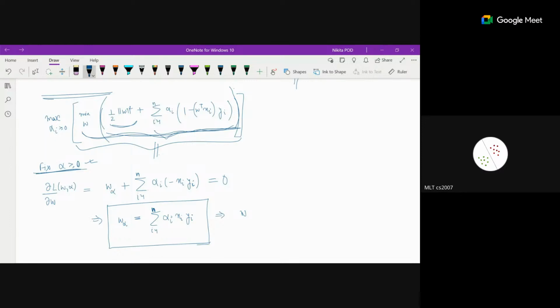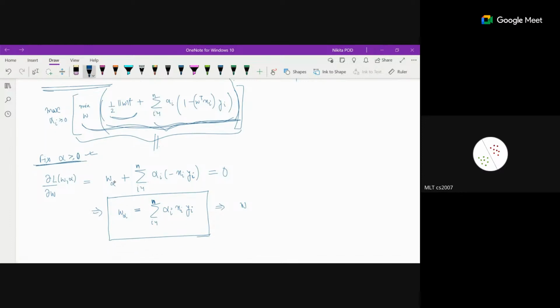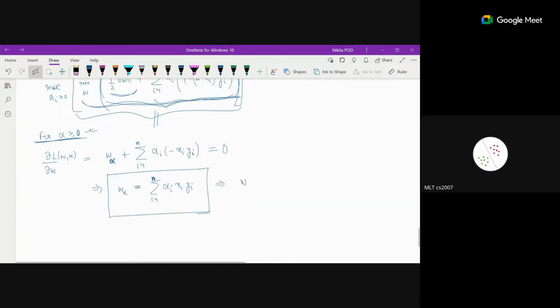The reason I have written alpha in the subscript is because we are fixing some alpha, just to denote that for this alpha we get this. So given any alpha, you get the optimal W to be a linear combination of your data points.